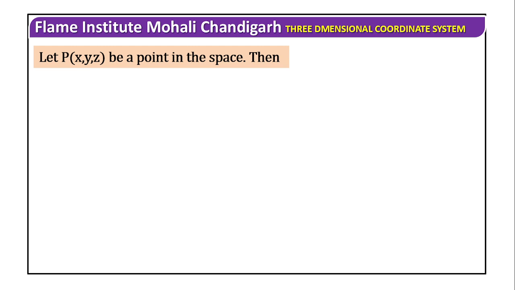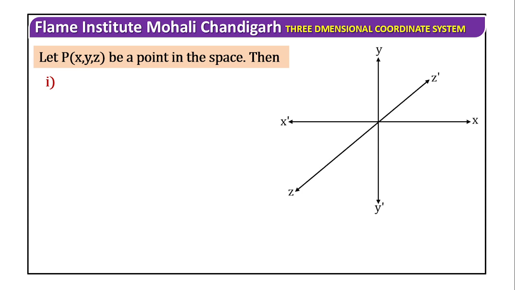Let (x, y, z) be a point in space. Then on XOX', YOY' and ZOZ' we get the points 1, 2, 3 on the x-axis, on the y-axis, on the z-axis.